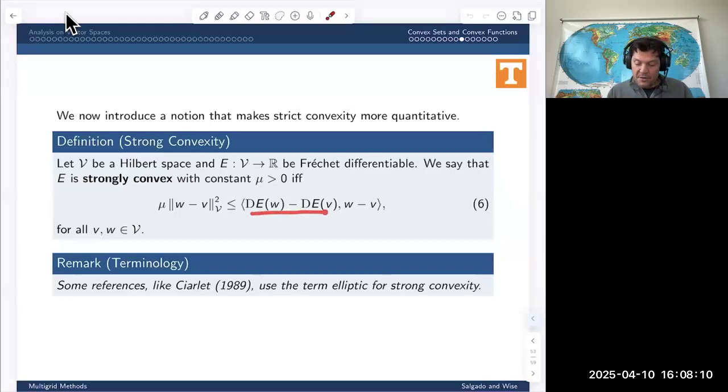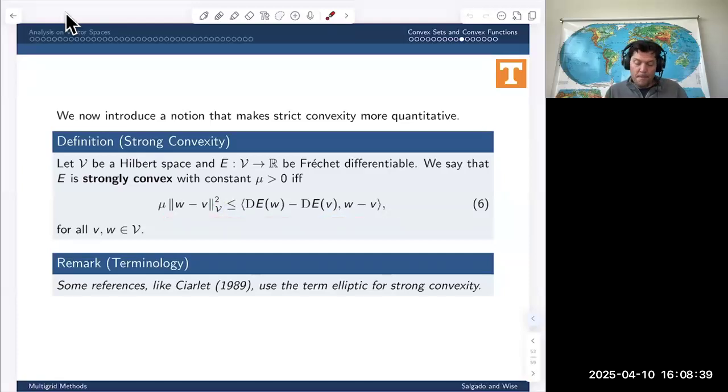I'm going to pair those in the duality pairing with the difference of those two points of evaluation, W minus V. And that real number should always be greater than or equal to mu, for some mu, times the norm of the difference squared in the Hilbert space. So this is what we mean by a strongly convex function.